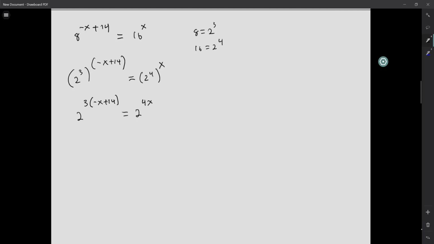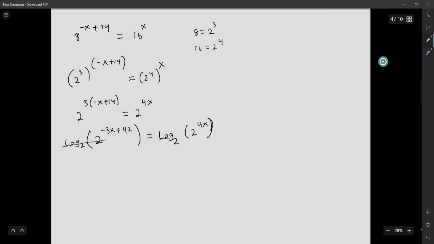And now I have the problem where I have the same base exponent on both sides. And so I could do log base 2 on both sides to cancel it. Let me rewrite this top. Minus 3x plus 42. Yeah, cool. Equals log base 2 of 2 to the 4x.